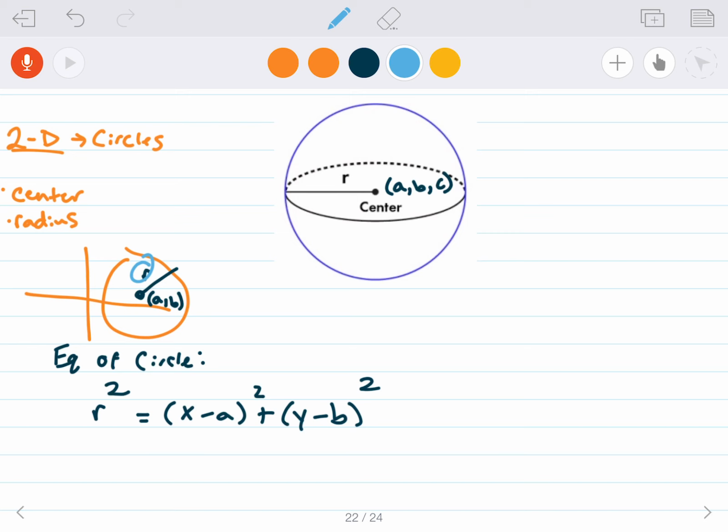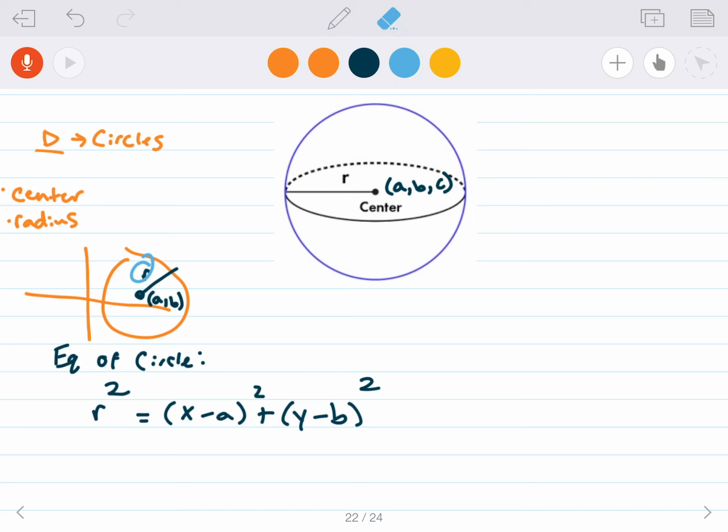So we're going to apply this concept to a sphere in 3 dimensions. Now a sphere is all points r away from the center. Maybe r is 5. So a sphere of radius 5 would consist of every single point 5 away from wherever it's centered.